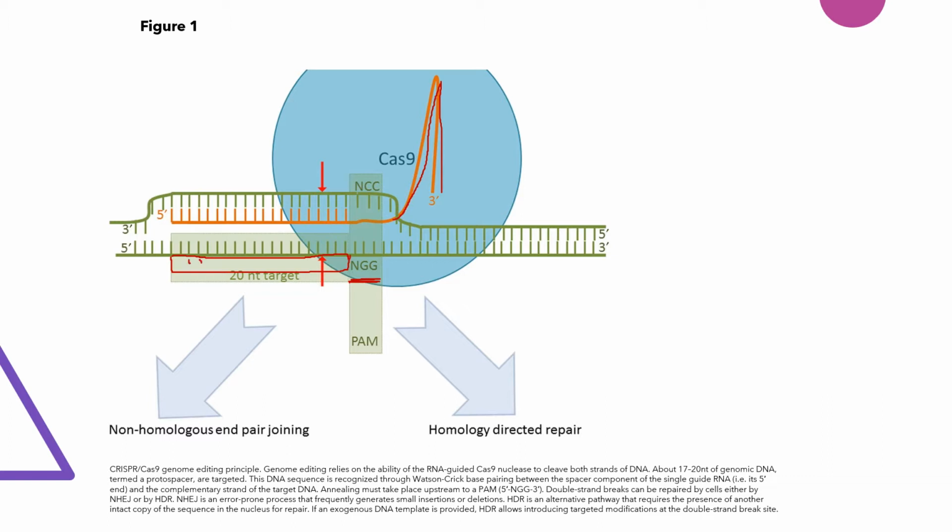And so if we can find a target that we want to cut, adjacent to a PAM site, we can cause Cas9 to cut there. And once we have a double-stranded cut there, what's going to happen in the cell? Cells don't like their DNA to be damaged, so the cell is going to repair it. It's going to either repair it with homology-directed repair or non-homologous end joining. In this material here, they tend to refer to homology-directed repair.